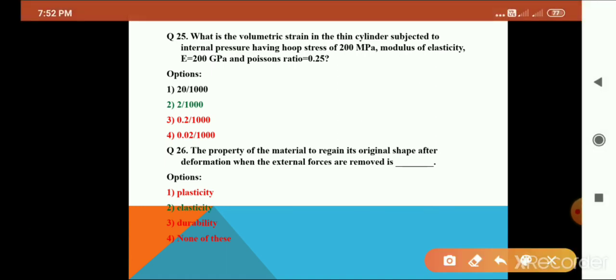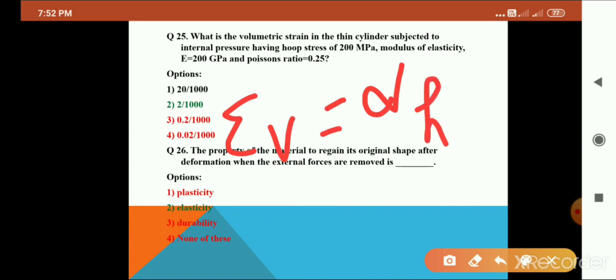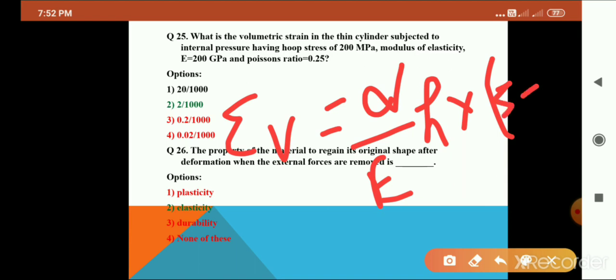Let's see the expression first. The expression says epsilon V, the volumetric strain, is equal to hoop stress sigma H divided by E, into 5 minus 4 mu.